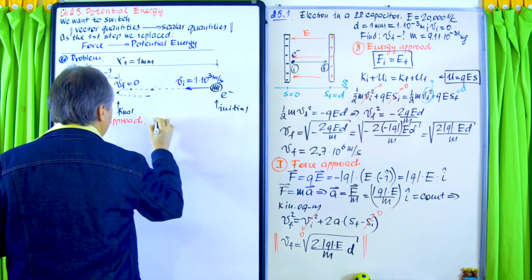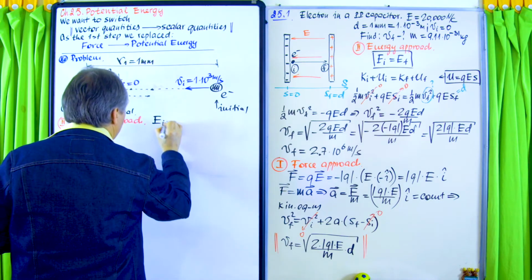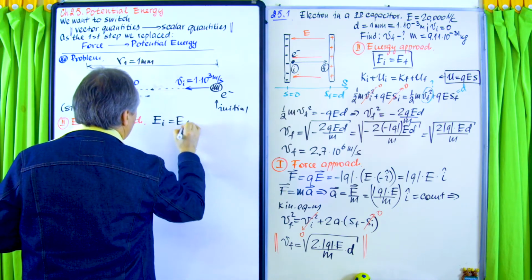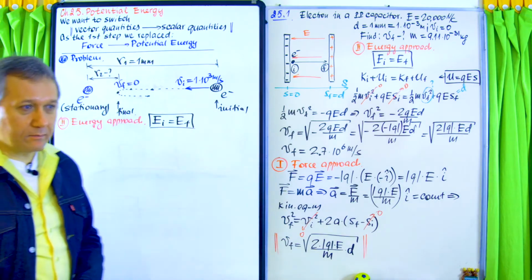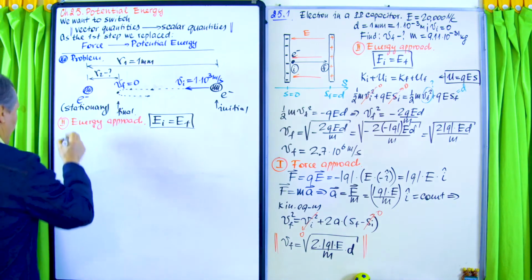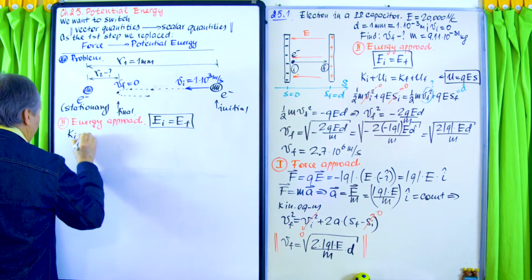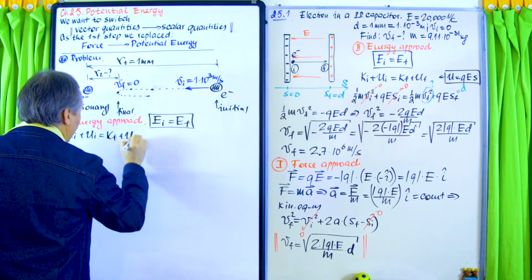So immediately I can write E initial equals E final, right? Typical beginning. Now let's write explicitly K plus U. K initial plus U initial equals K final plus U final.